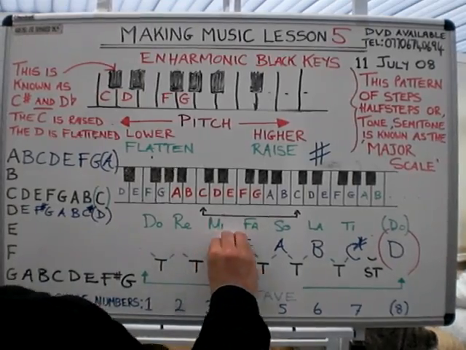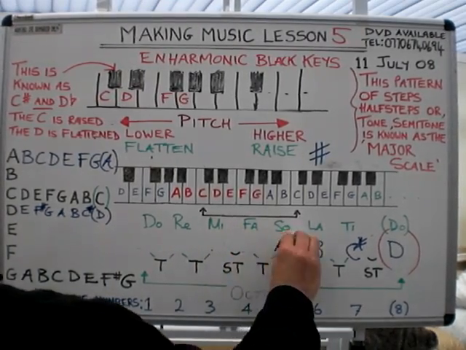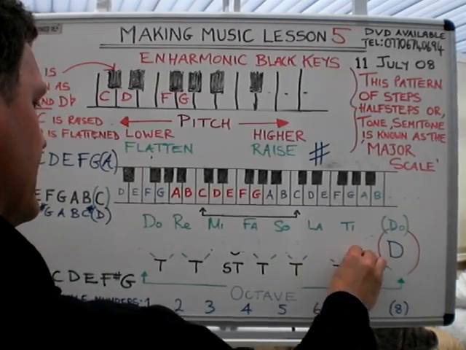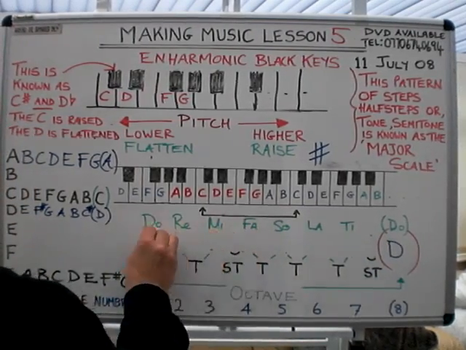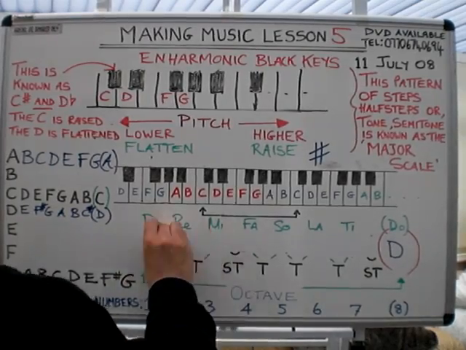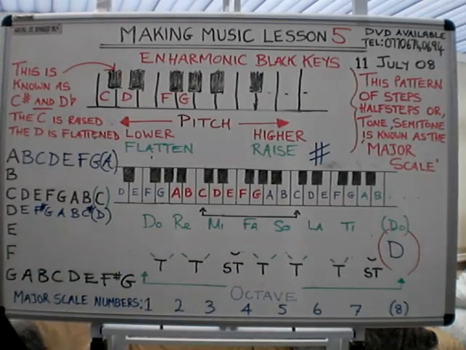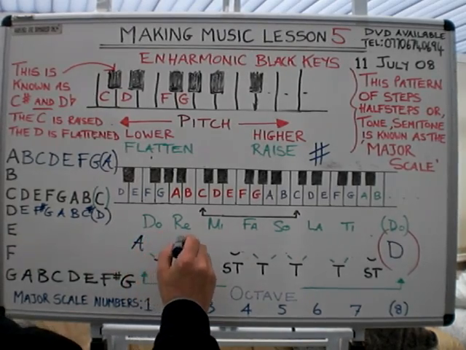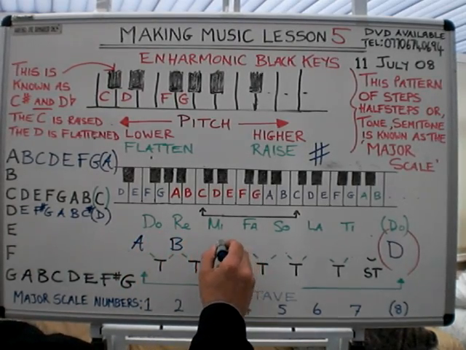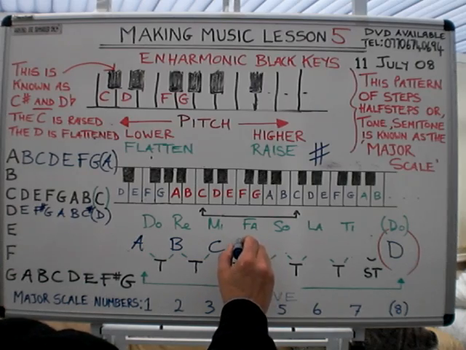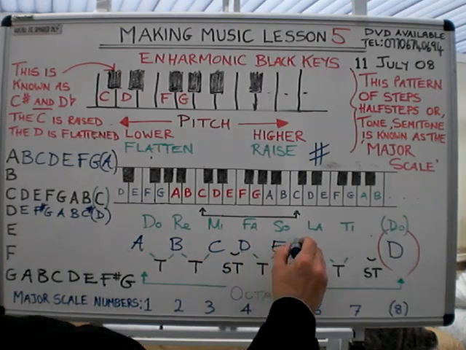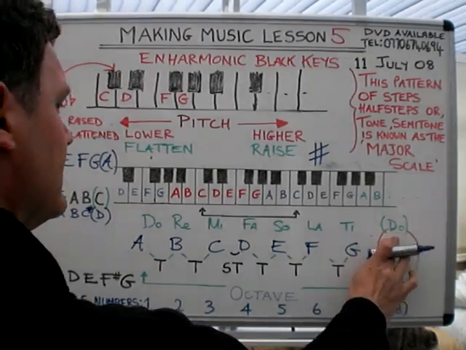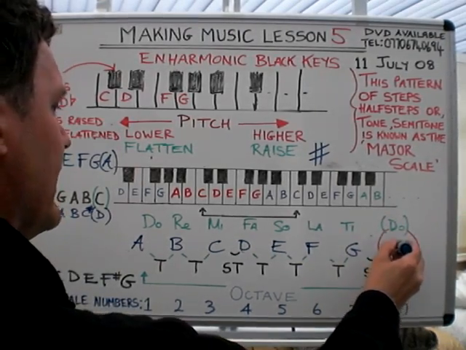We're going to end up with an F sharp, a G sharp, and the next one, I'll just tell you for now, it's a C sharp. Let's write it in: A, B, C, D, E, F, G, and back to an A.